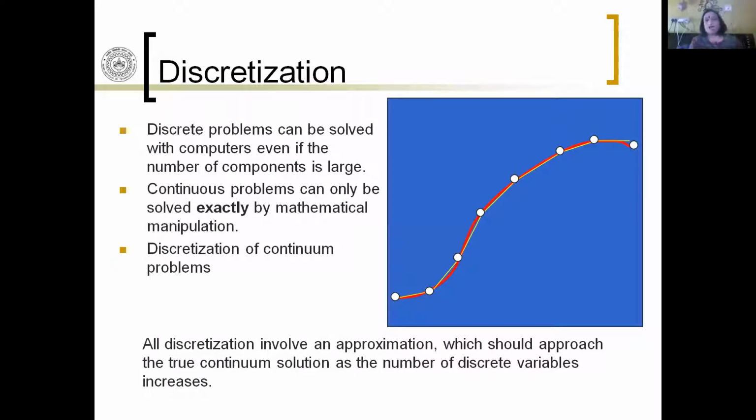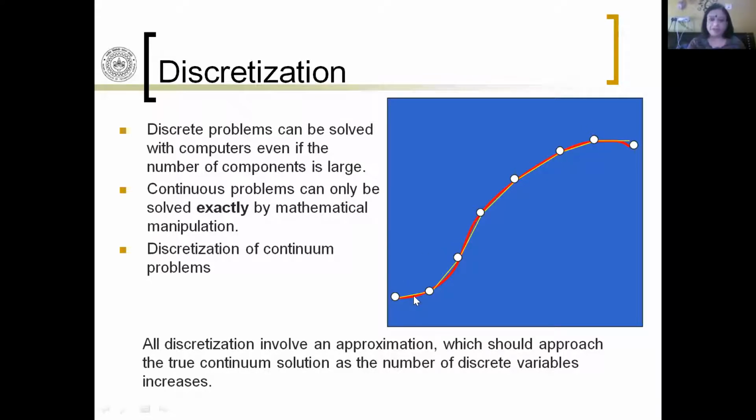Of course, the easiest example of discretization is, let's say, in curve fitting. For example, let us imagine that this red curve that you see here is your real curve. It is possible to approximate this red curve with a straight line.